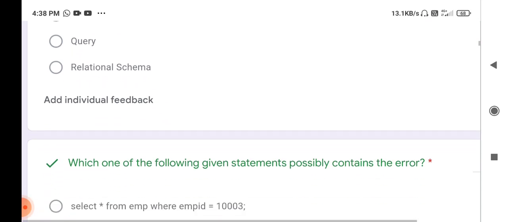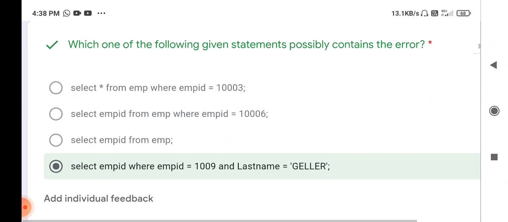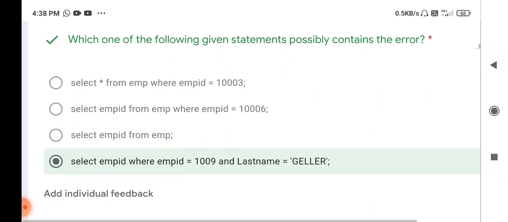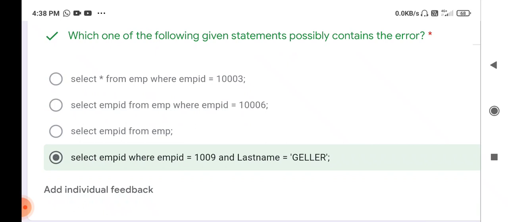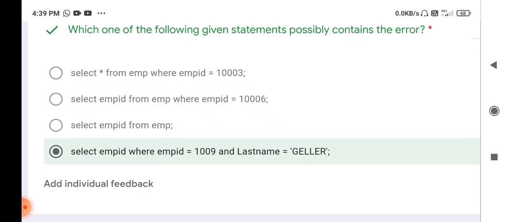Next question: which one of the following given statements possibly contains an error? For this question you must know the concept of query language. The first option is select star from employee where employee ID equal to 10003. This will be a correct query, right? That is select star from a particular table where the employee ID is the given value.